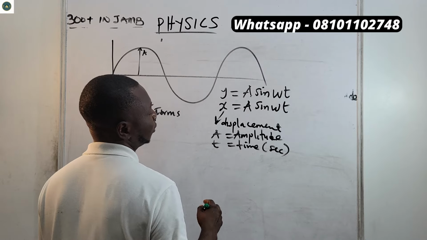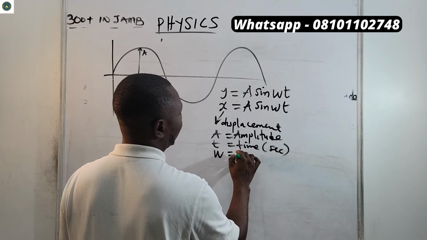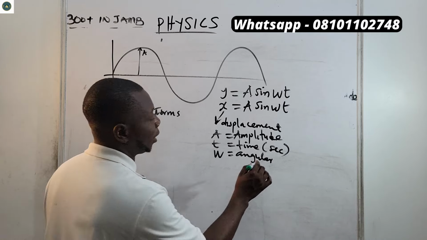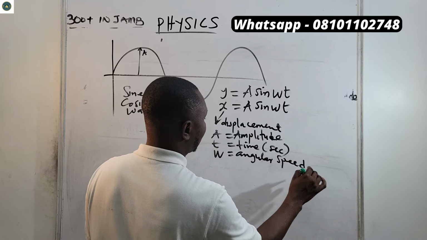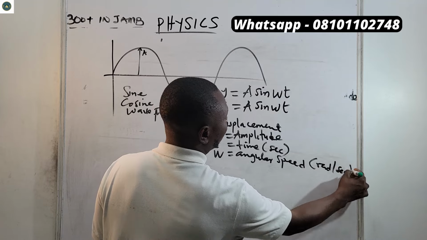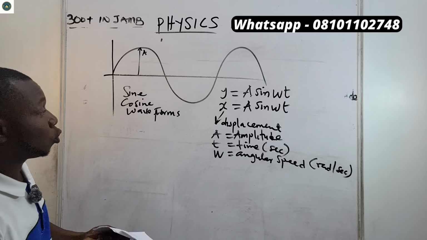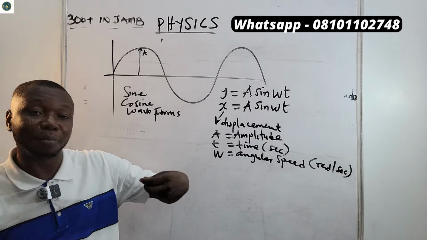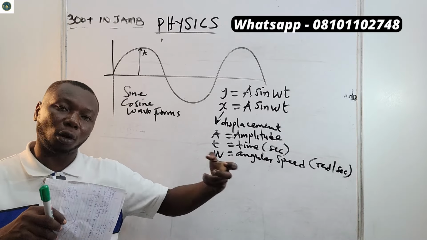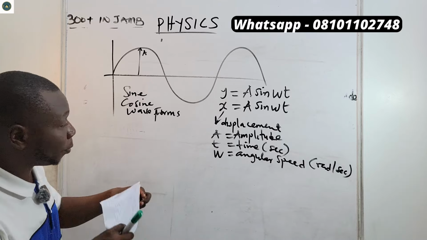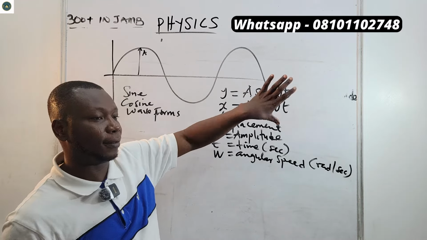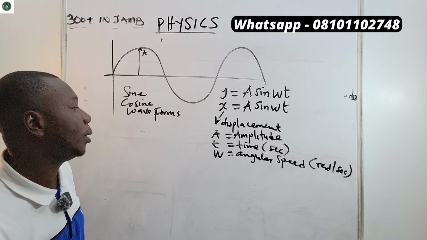And omega there is the angular speed, and this angular speed is in radians per second. So what you have as a result of the vibration of the vibrating fork or the spring leads to what? A sine wave. There's a sinusoidal waveform.